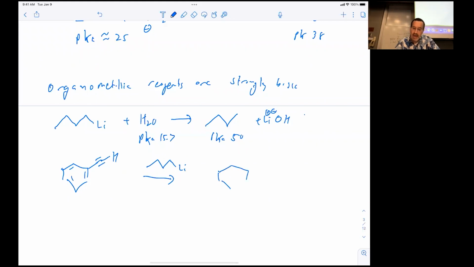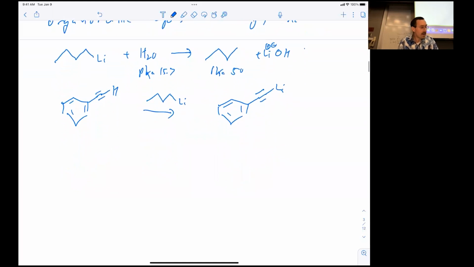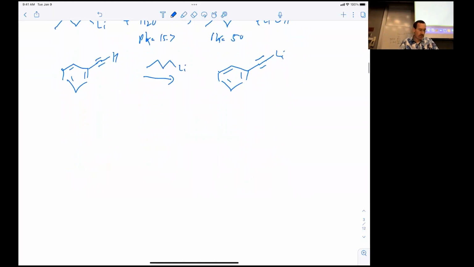And so that very, very basic organolithium reagent, butyl lithium, pulls off the only acidic proton of acetylene to generate lithium phenylacetylide.